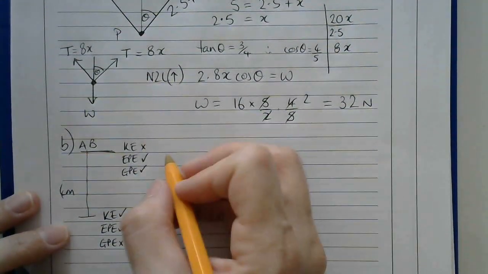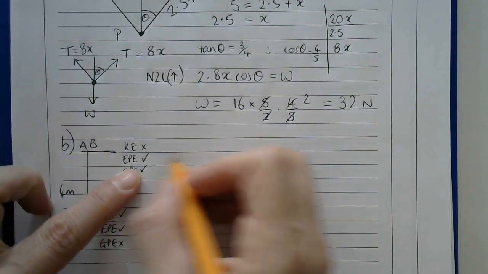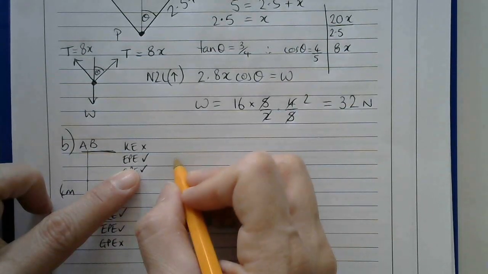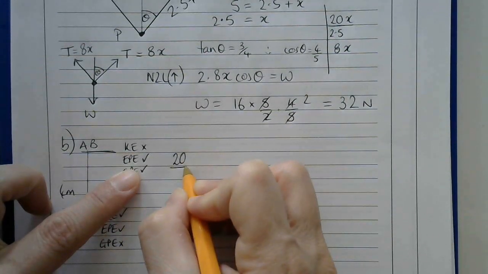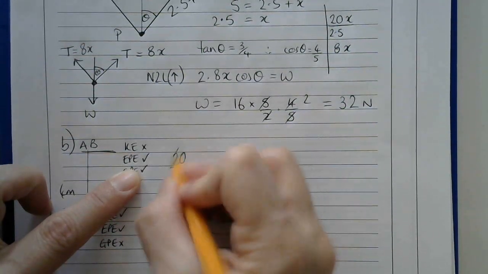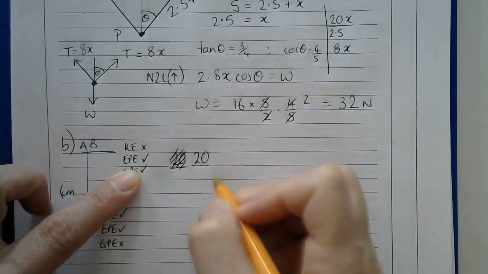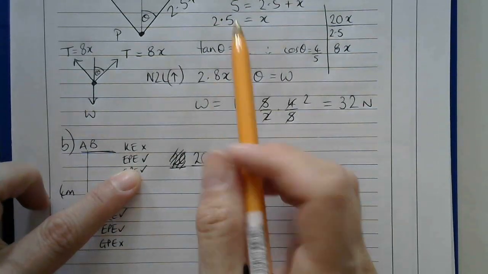So at the top I have the elastic potential energy will be lambda, which was 20, over 2L, so 2 times the natural length.